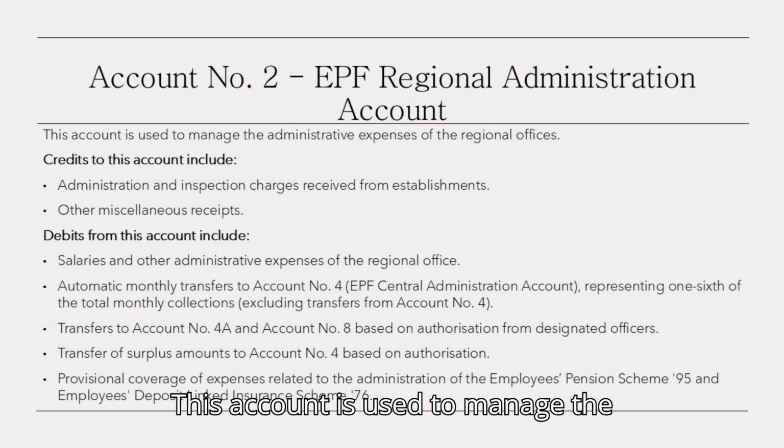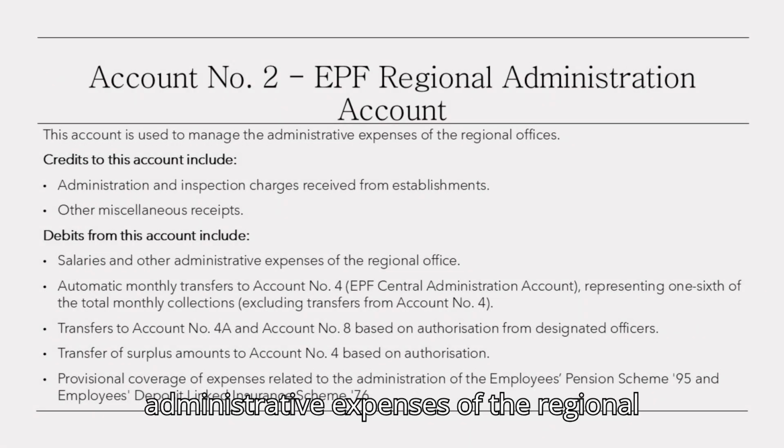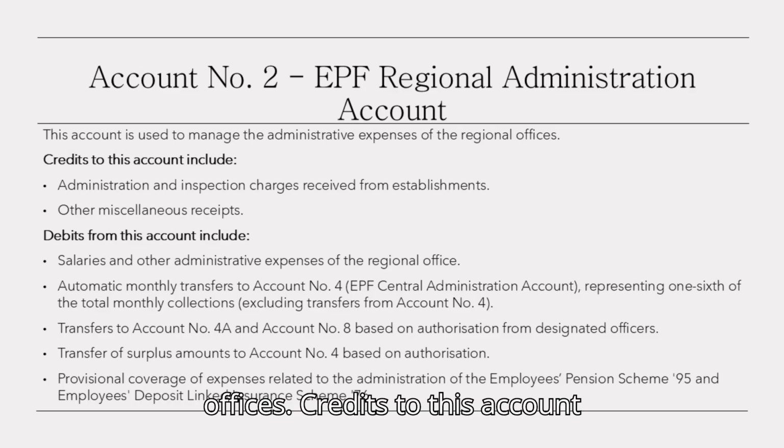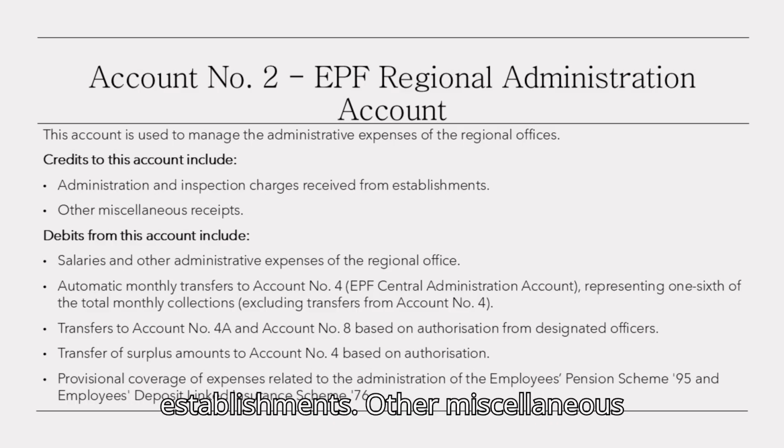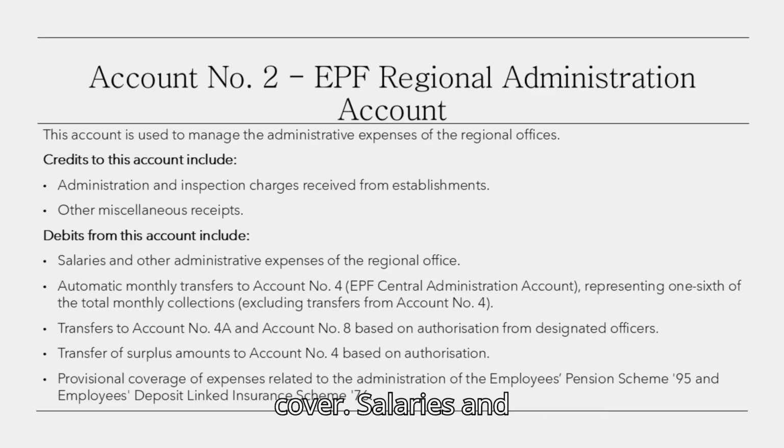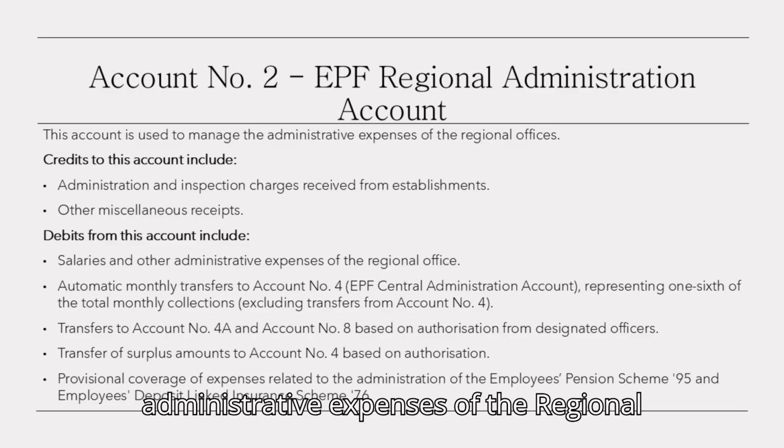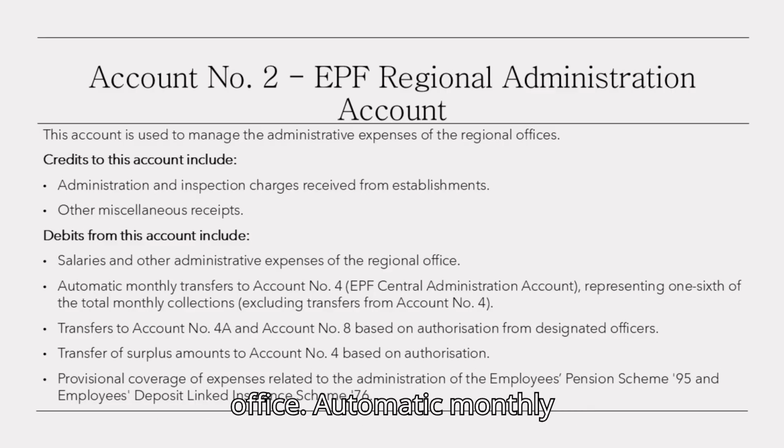This account is used to manage the administrative expenses of the regional offices. Credits to this account include administration and inspection charges received from establishments, and other miscellaneous receipts. Debits from this account cover salaries and administrative expenses of the regional office.